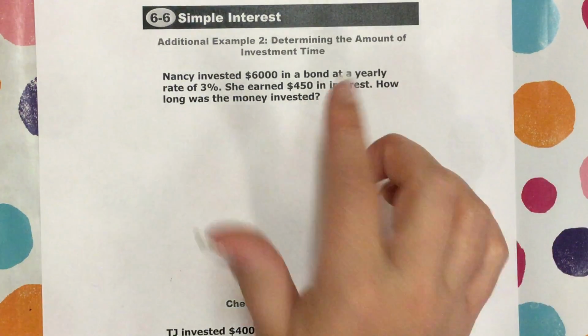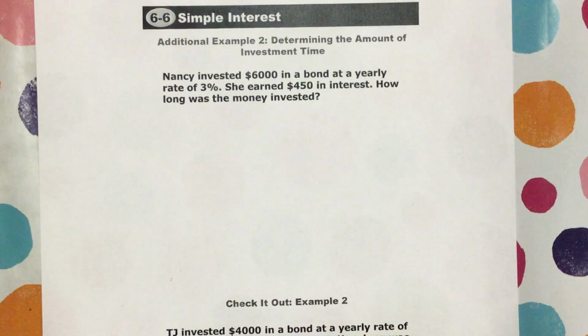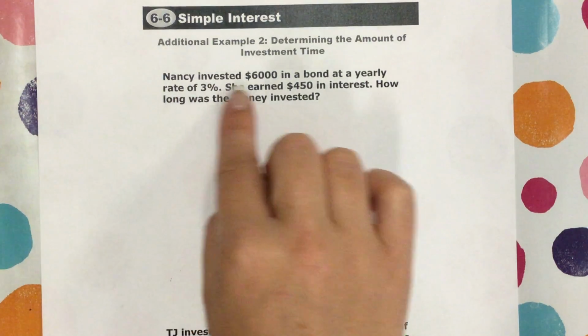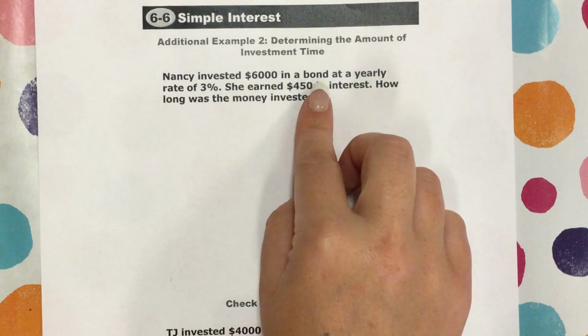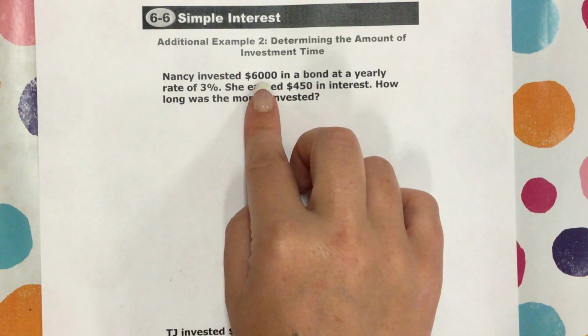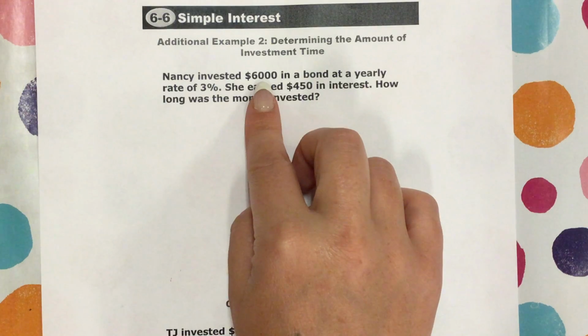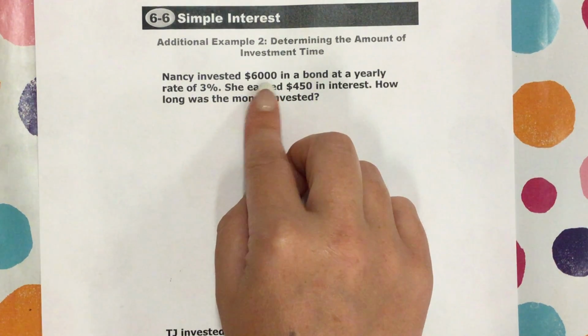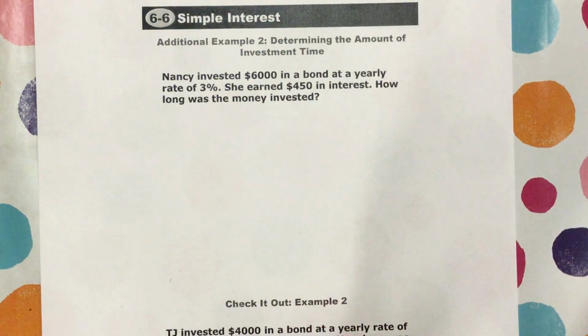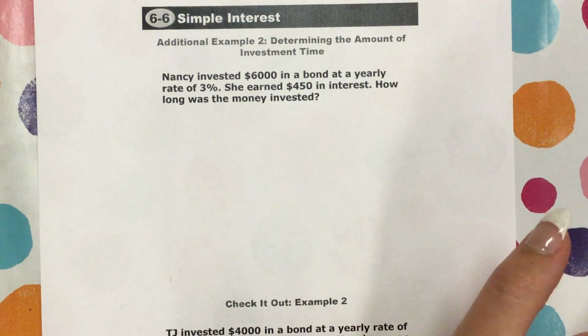Sometimes a bond is a type of investment where you can go and buy a bond, and that means you give people your money. So Nancy is giving, not a person, but an institution that gives out bonds, $6,000. Now, the institution that takes the $6,000 is going to go use that for something, okay?